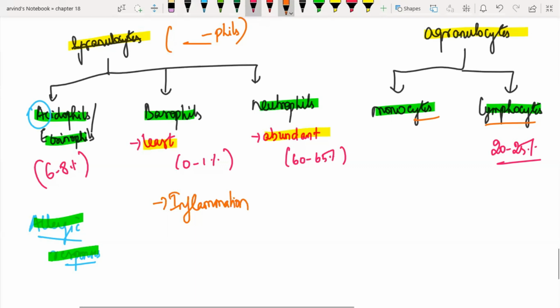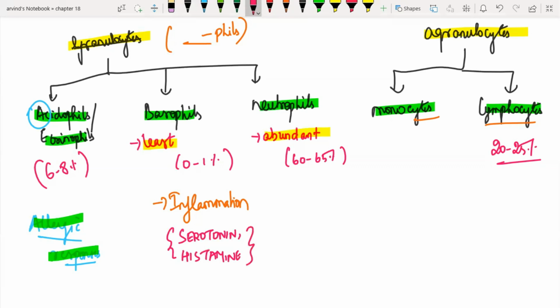As I told you, all these have granules, and those granules have substances specific to each of them. So this basophil is going to secrete inflammatory substances like serotonin and histamine, which is going to aggravate the inflammatory reaction.